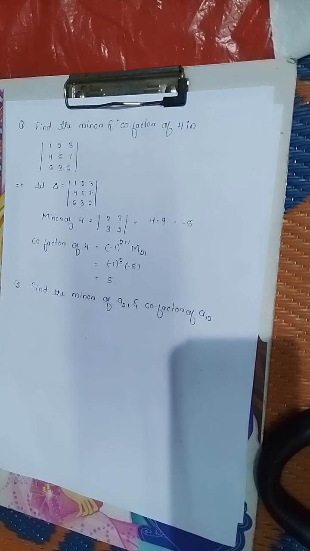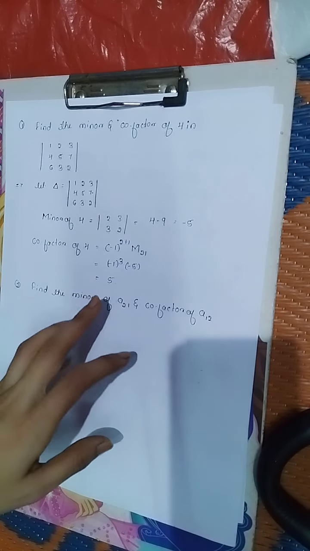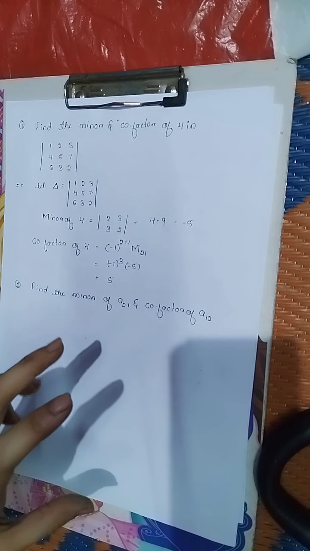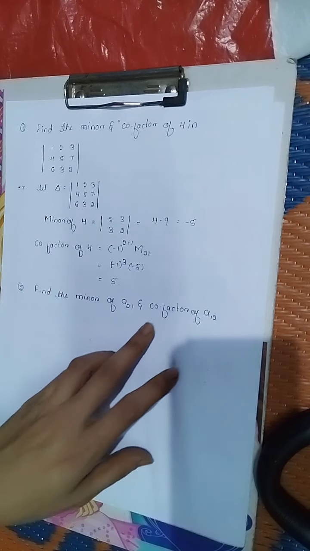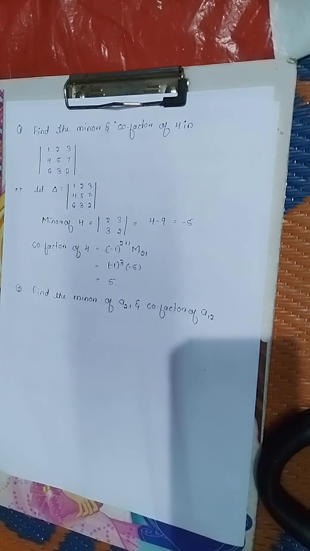They have not asked for the element particularly. They have given the second row, first column, in which an element exists, and we have to find that element's minor. Similarly, cofactor of A12. Here also they have not given the element particularly. So by using row and column, it means the first row, second column, in which an element exists, we have to find the cofactor of that element.